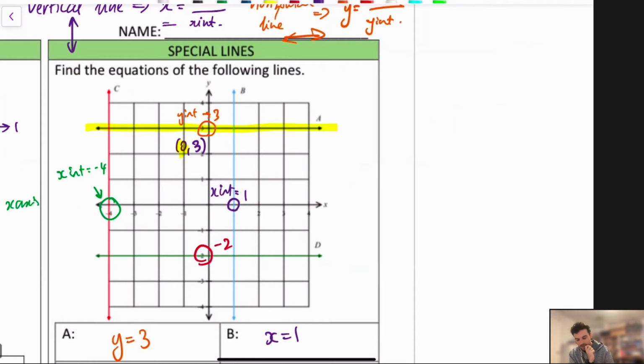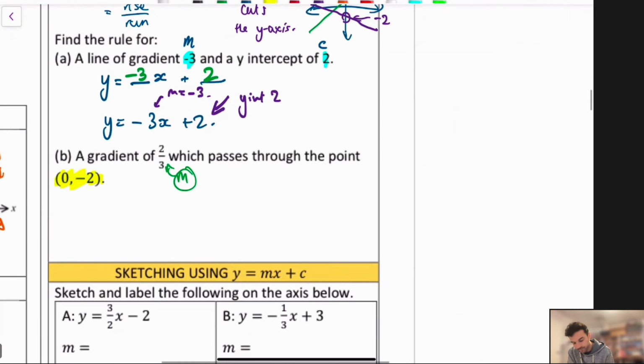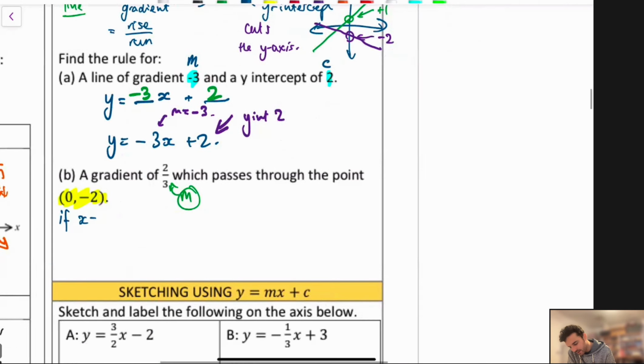Down here, the -2. This is going to be the coordinate 0, -2. So if I ever want to find a y-intercept, x is always 0. Okay, so if x is 0, then we've found a y-intercept. Okay, so in this case, the y-intercept will be -2. And there's our answer there.